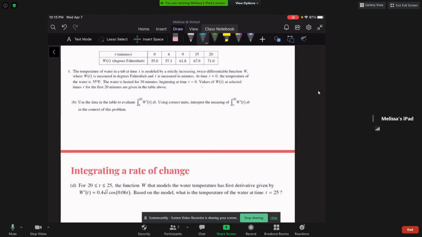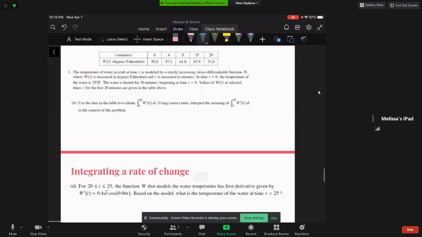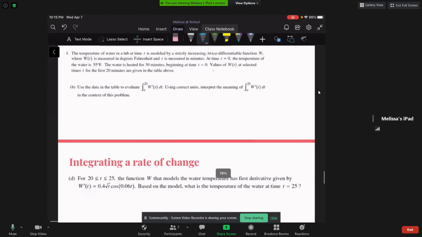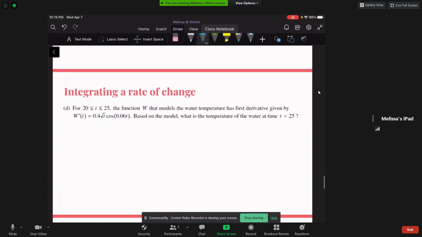So I'm going to pick up where I left off with the problem asking how the water is increasing in temperature. We talked about using the table, which goes from 0 to 20. Now, in the second problem, we are talking about what happens on the interval from 20 to 25.